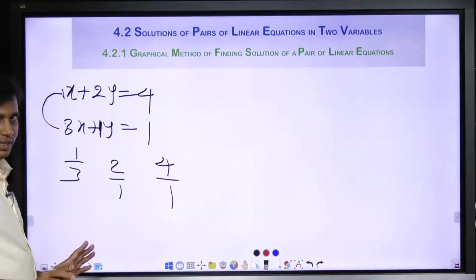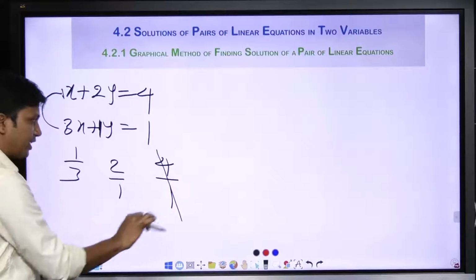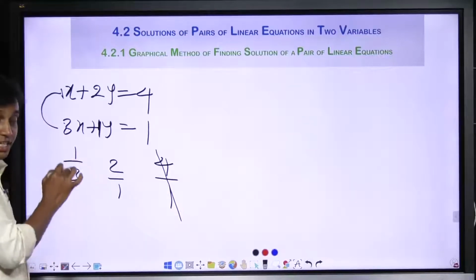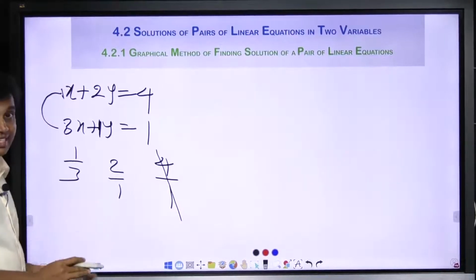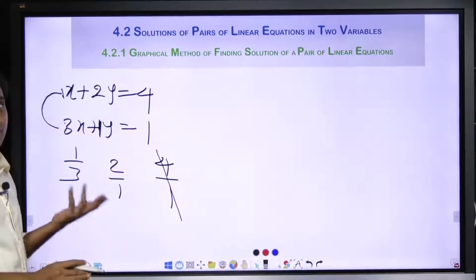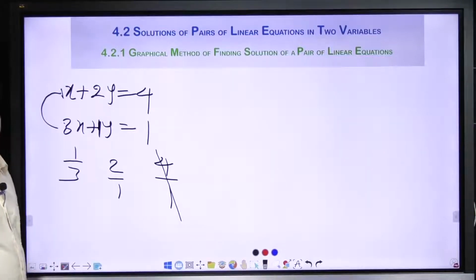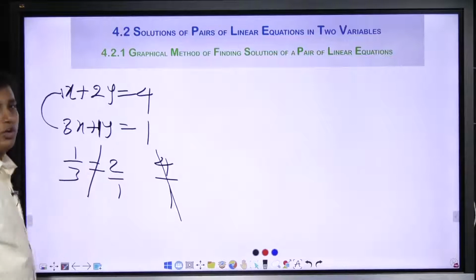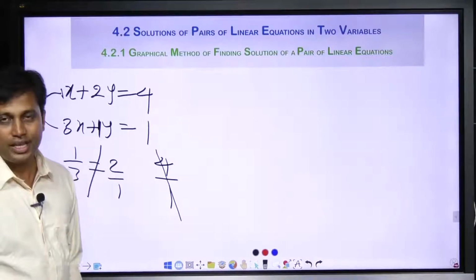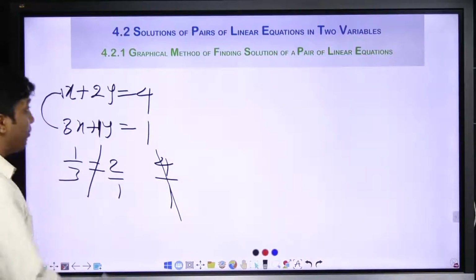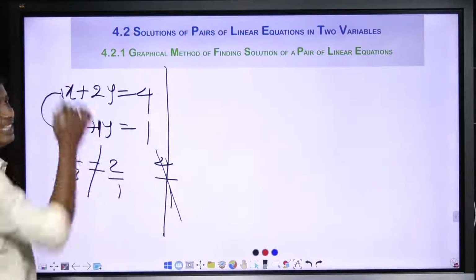Now tell me, leave about the constants. First of all, the ratio of the coefficients of x is not equal to the ratio of the coefficients of y. So these are not equal. Understood? So therefore, we can say that these are consistent equations.